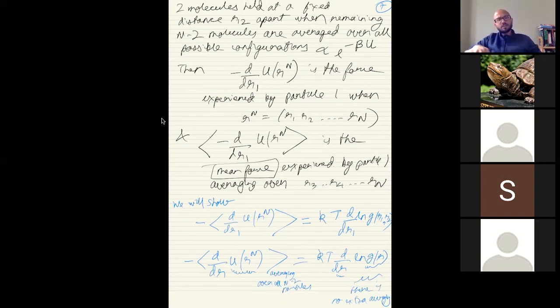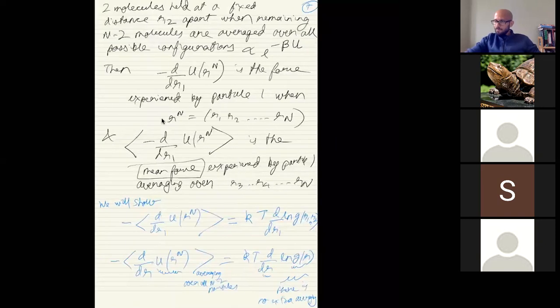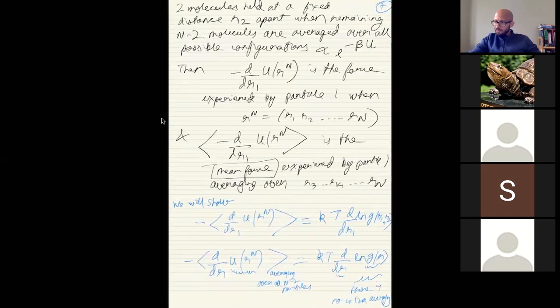In physics, whenever something can be differentiated to get a force, what is the name that we use for such a thing? Maybe I said it in too convoluted a way. Does anyone see what I mean? Newton's law. That's correct.